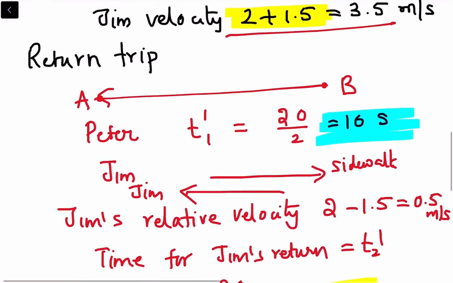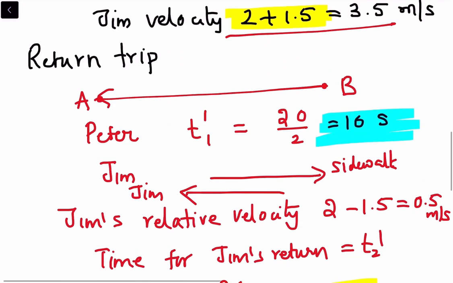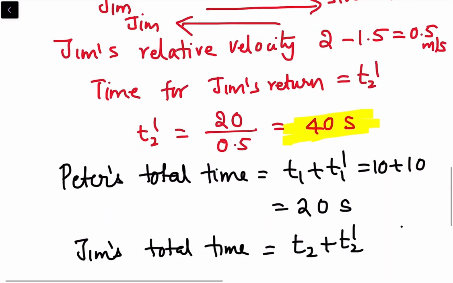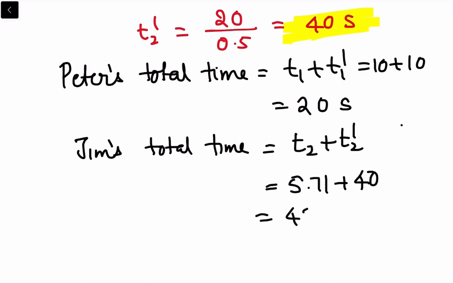Here in red color it is 5.71, and here in yellow color it is 40 seconds. Therefore, the total time is 5.71 plus 40, which is 45.71 seconds.